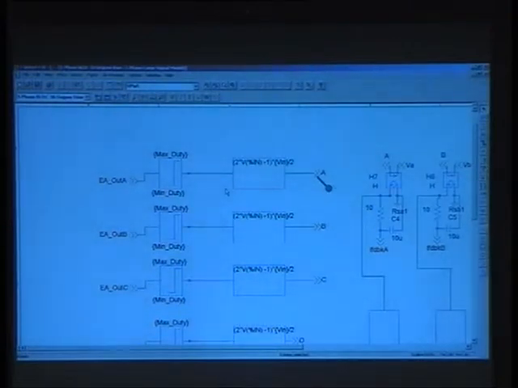So this is my duty cycle coming in, DA, okay, which is this point here. So if I take the signal and compare it with a PWM, I get a PWM signal.